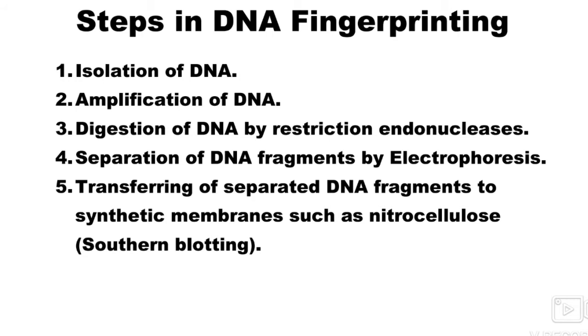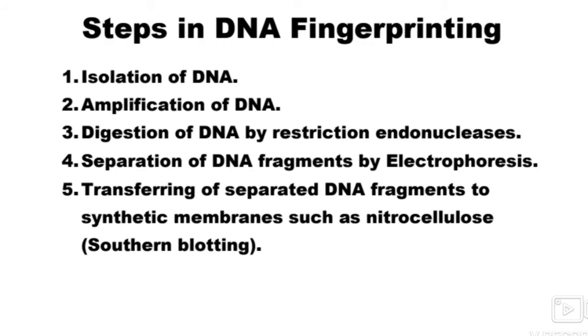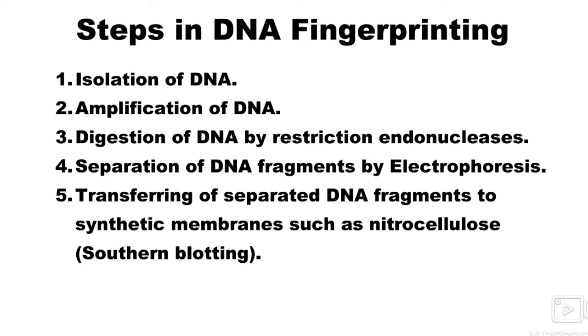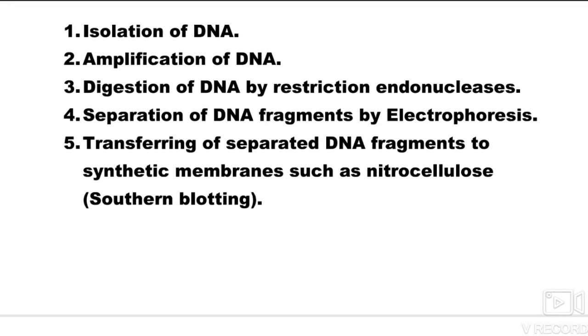The next step is digestion of DNA by using restriction endonucleases. In this step, the DNA is cut into small fragments by using restriction endonucleases or restriction enzymes. Then, in the fourth step, the DNA fragments are separated in specific bands according to their length.